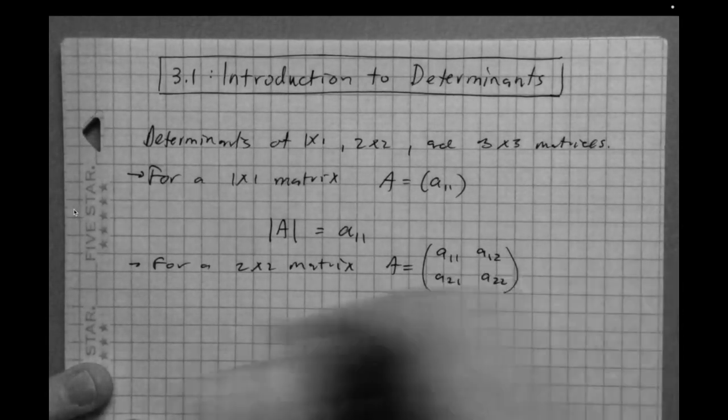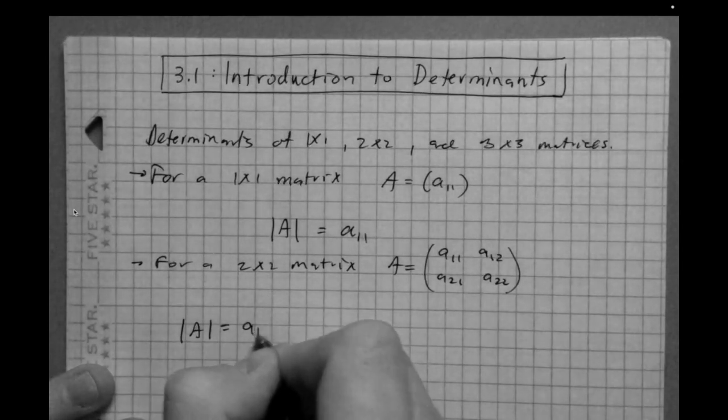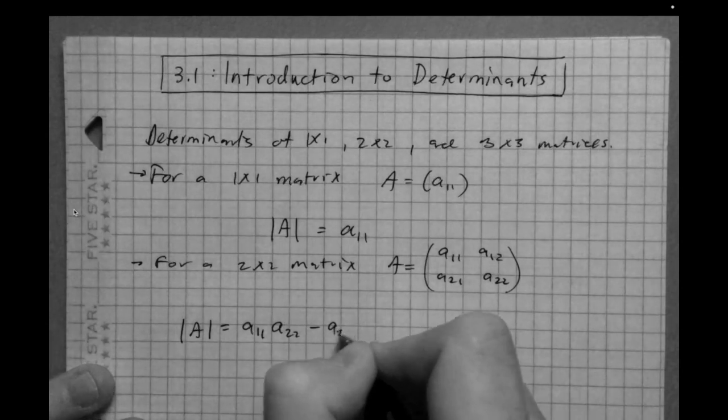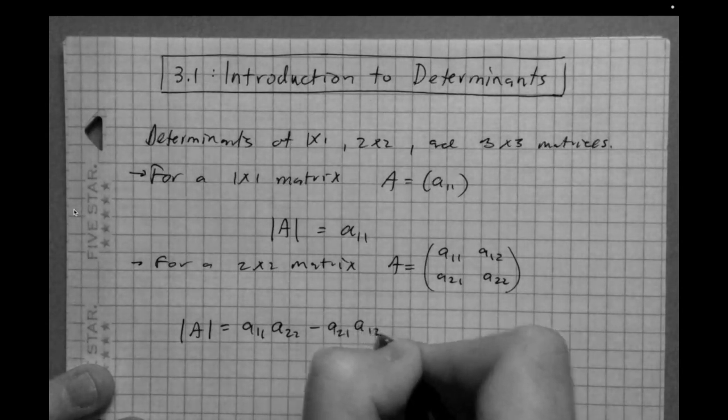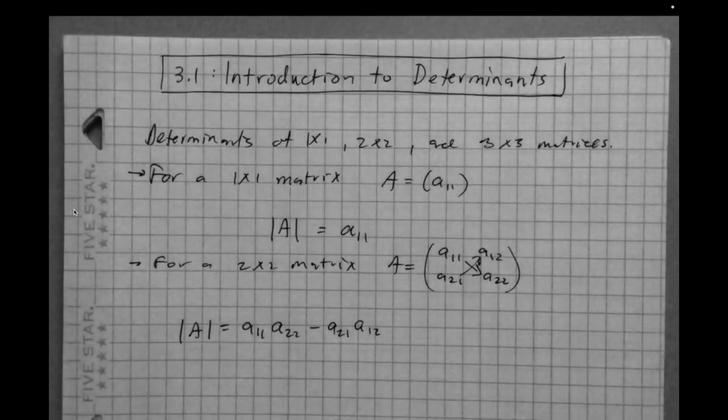So in this case the determinant is equal to A11 times A22 minus A21 times A12, right? So remember, it's that multiply the diagonals process that we discussed previously with the matrix inverse.